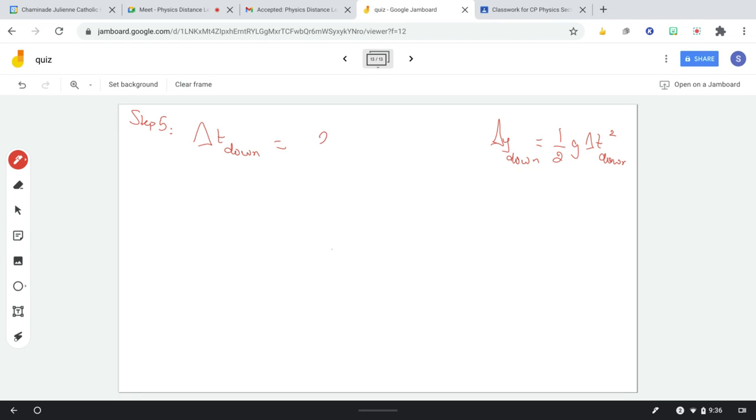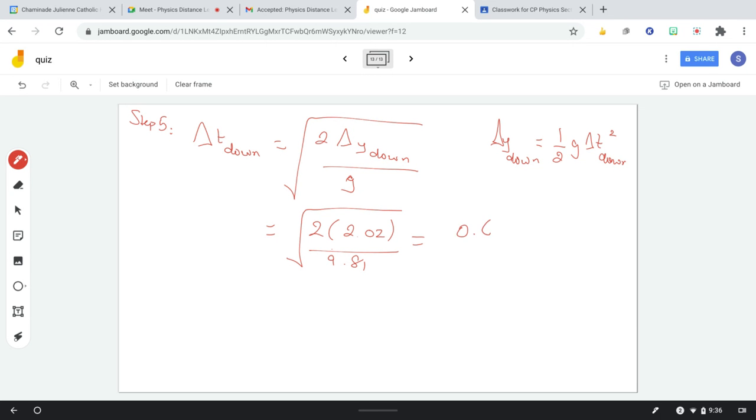So delta t down becomes the square root of 2 delta y down divided by g, or 2 times 2.02 divided by 9.81 under the radical, and that should give you an answer of 0.64 seconds. Step 6 was to find the total time. Delta t total is delta t up plus delta t down, or 0.51 plus 0.64, which is equal to 1.15 seconds.